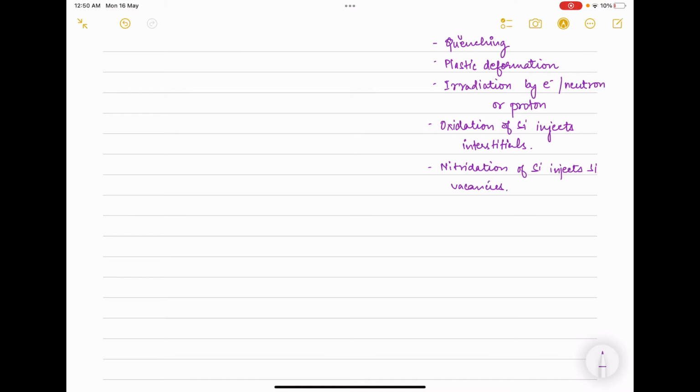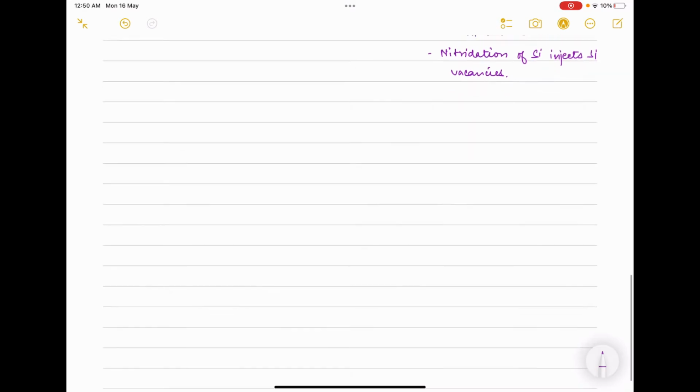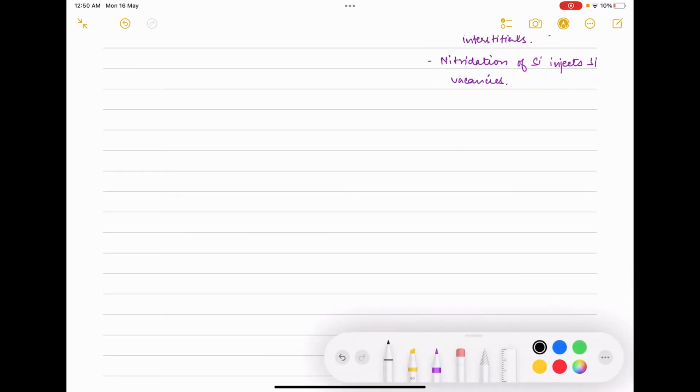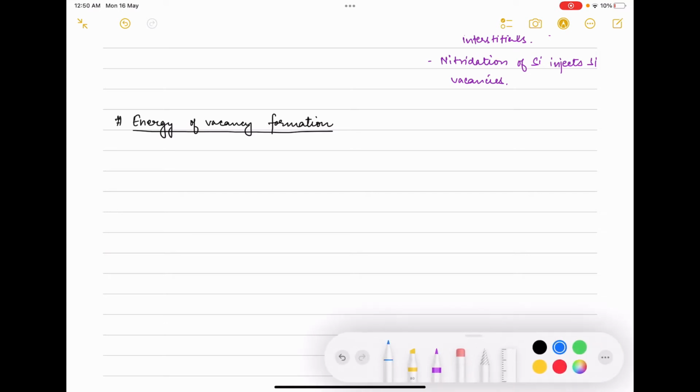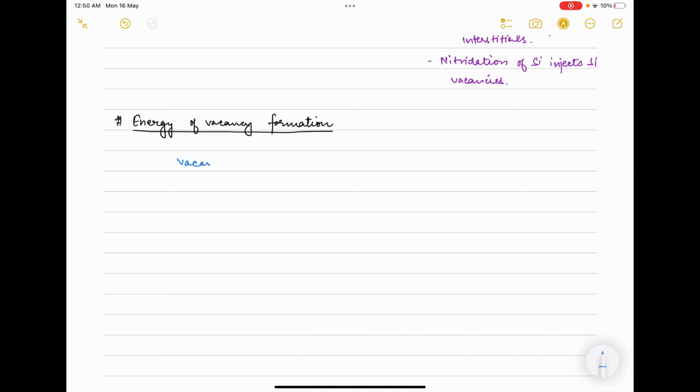Okay, so let us now see how much energy is required to form a vacancy. Energy of vacancy formation. So here by vacancy we mean a mono vacancy.